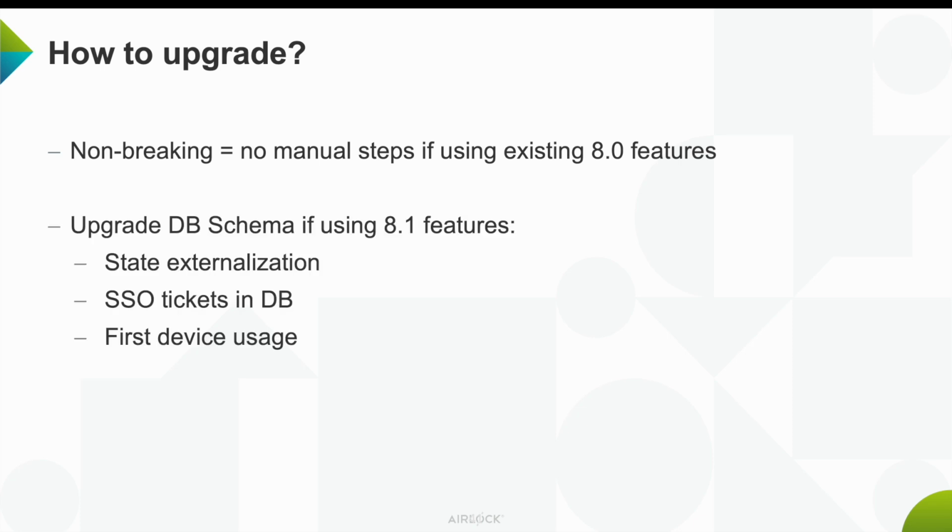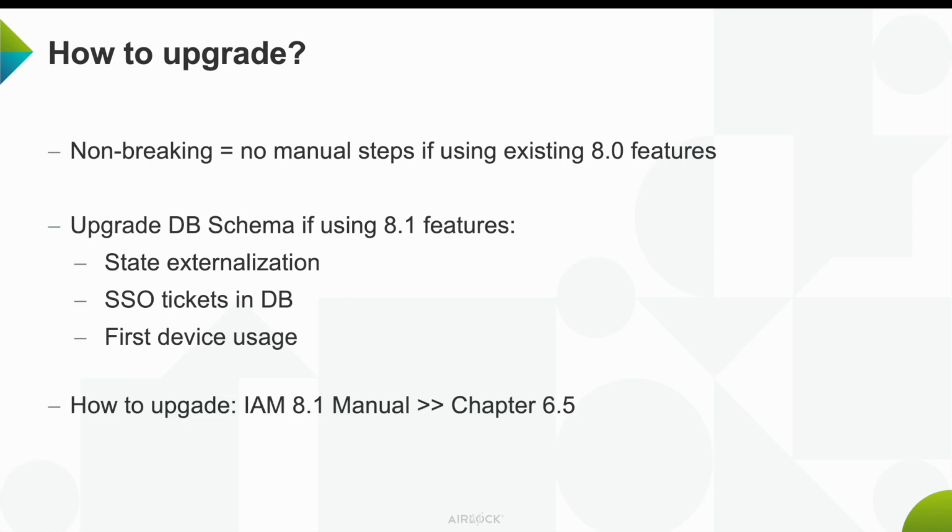If you're using new features, then you have to upgrade the database schema. So far, this is using the state externalization feature, the single sign-on ticket feature I just presented, and the first device usage condition I just presented. If you're using one of these features, you have to upgrade the database schema, and we recommend to update the database schema in any case anyway.